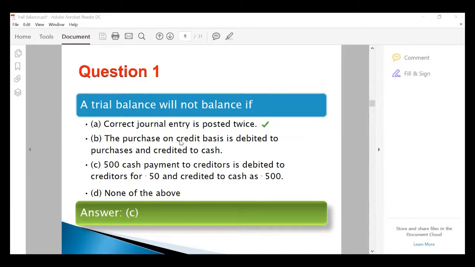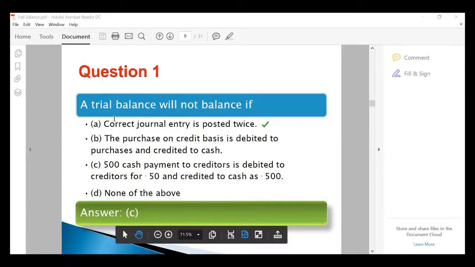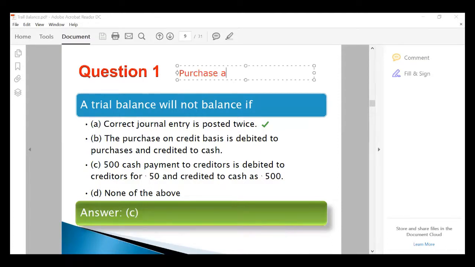Basically, what is the journal entry for a purchase transaction? Purchase account debited, to a creditor account, say Ram's account or Krishna's account. So a purchase on credit basis is debited to purchases and credited to Ram. In this case, it is credited to cash.